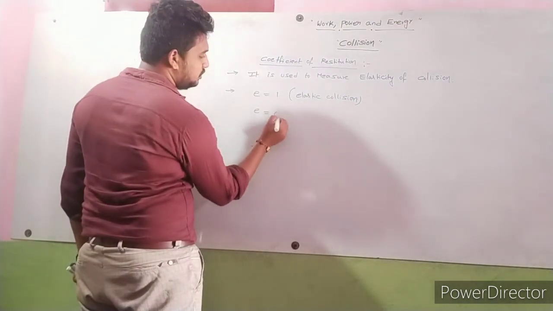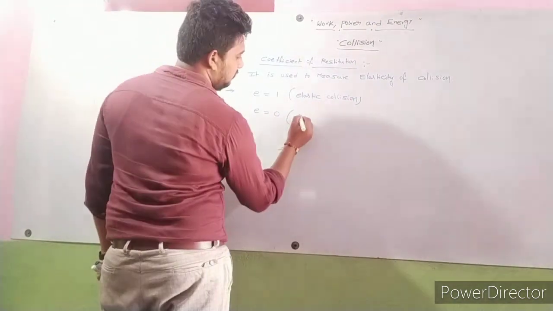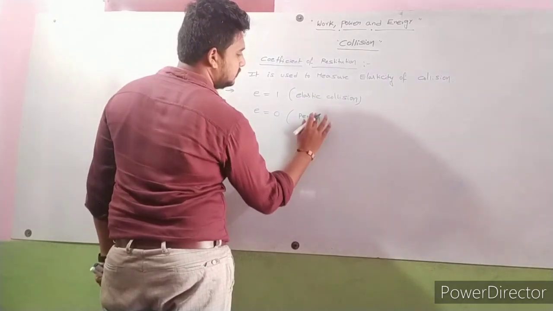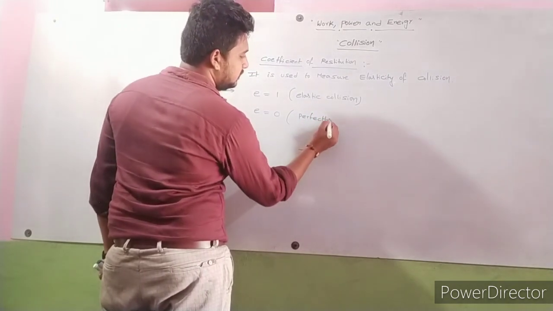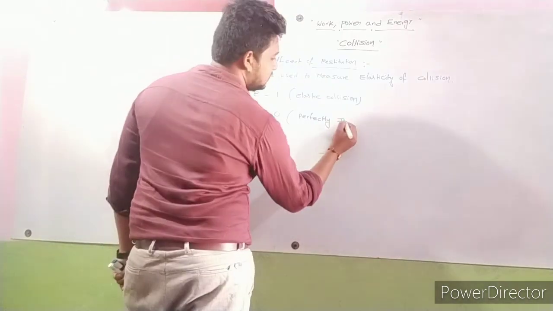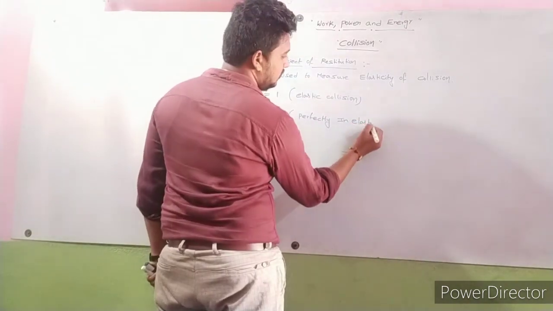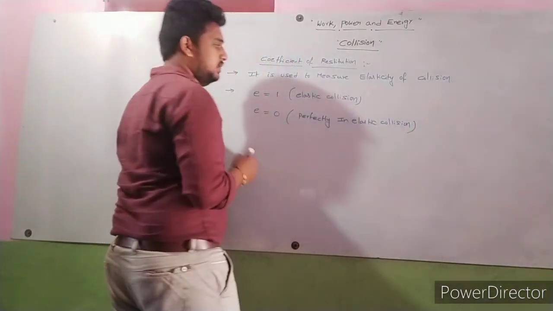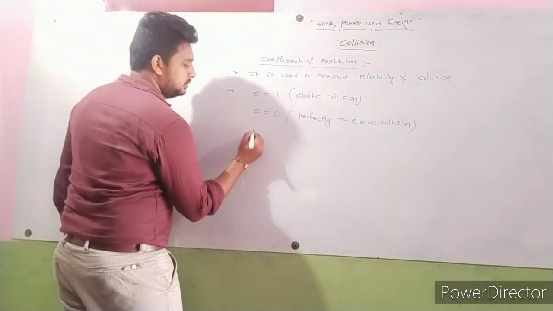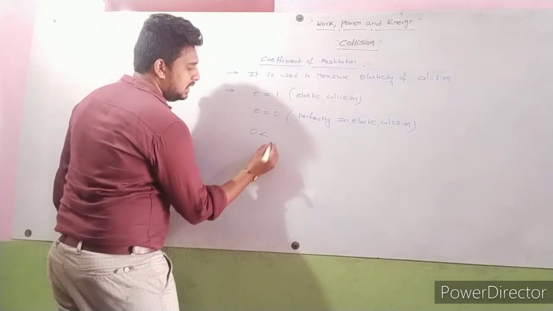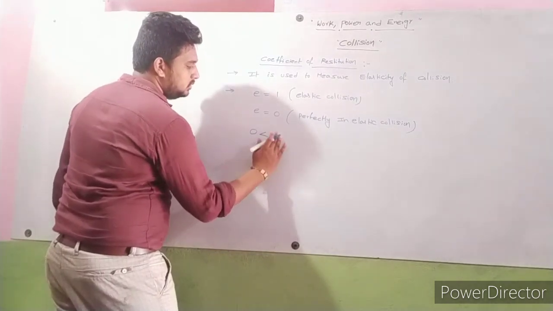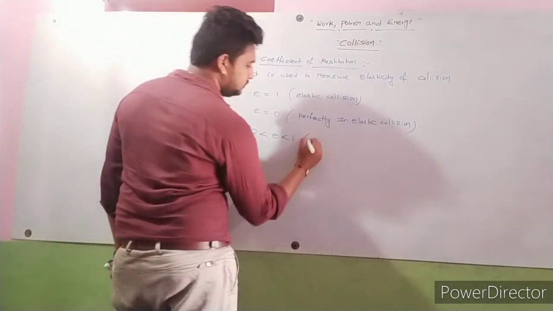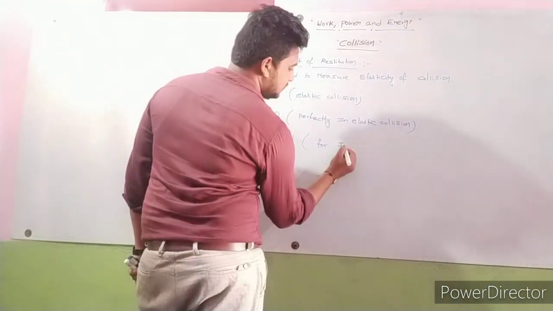E is equal to 0 for perfectly inelastic collision. 0 less than E less than 1 for inelastic collision.